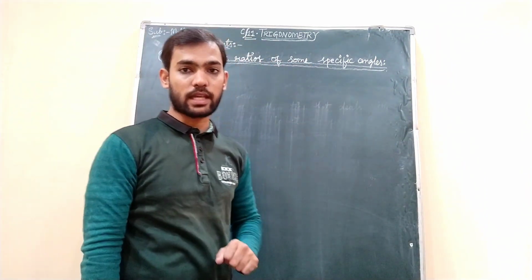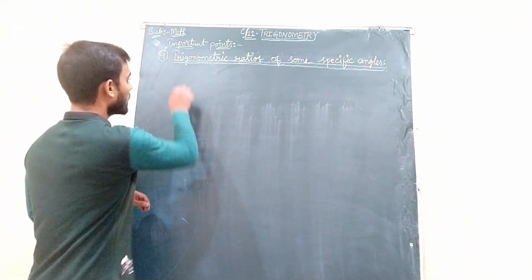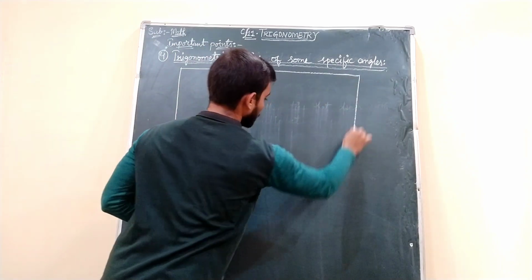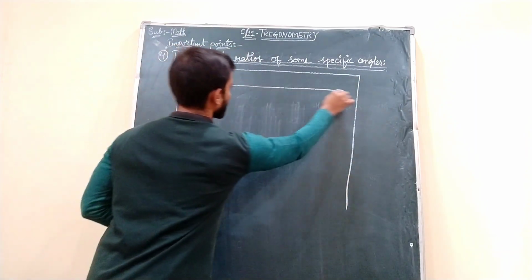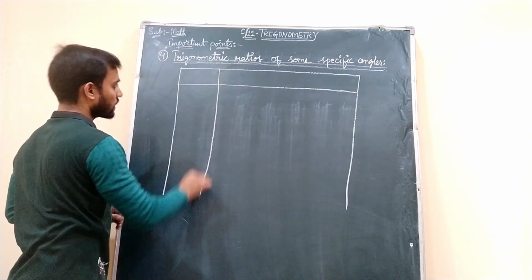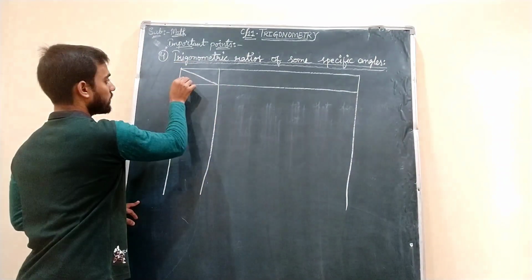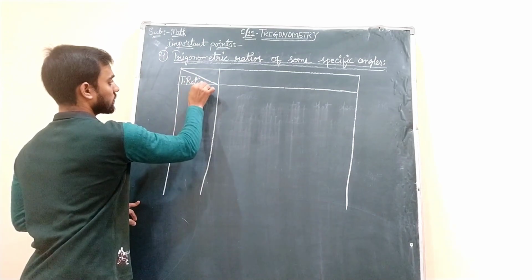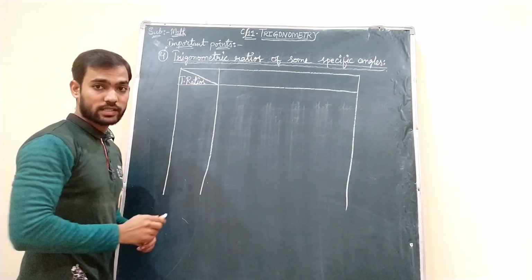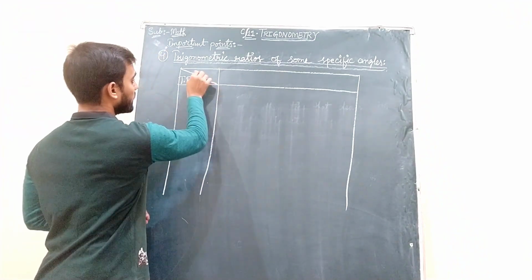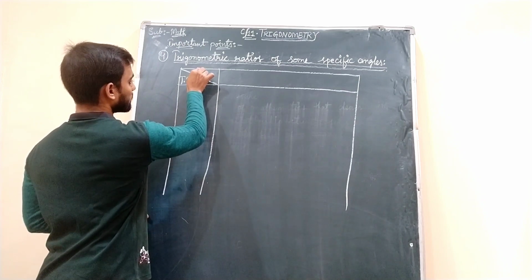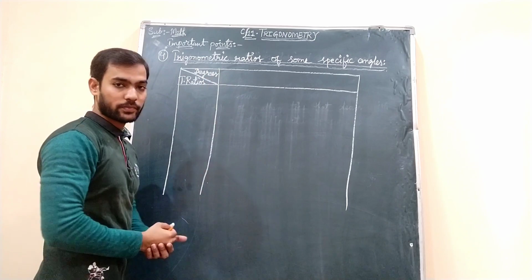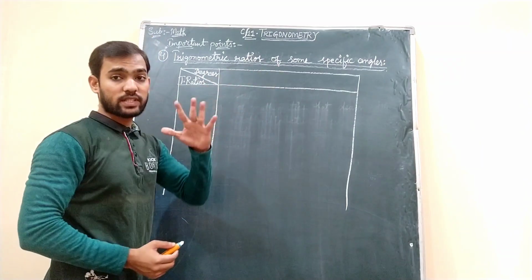There are 5 specific angles that we will see here now. So for that you need to prepare this table. Here we will write trigonometric ratios. Below we will write all the 6 trigonometric ratios. Here we will take angles, which is nothing but degrees. As I said, there are 5 specific angles.